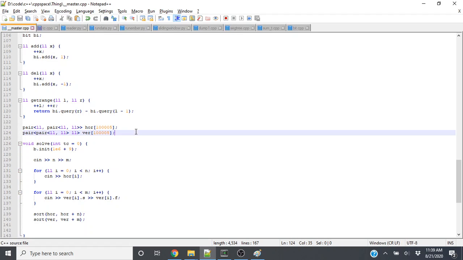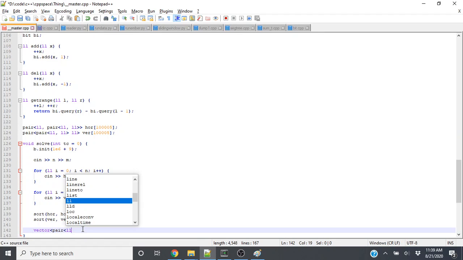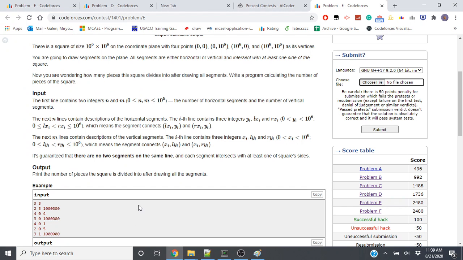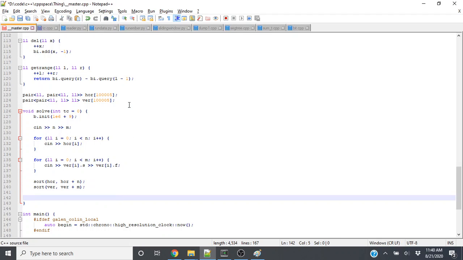Actually, what we can do is vector pair LL Q. And this is going to sort events like, actually pair LL. Actually, what's easier is, let's do this.